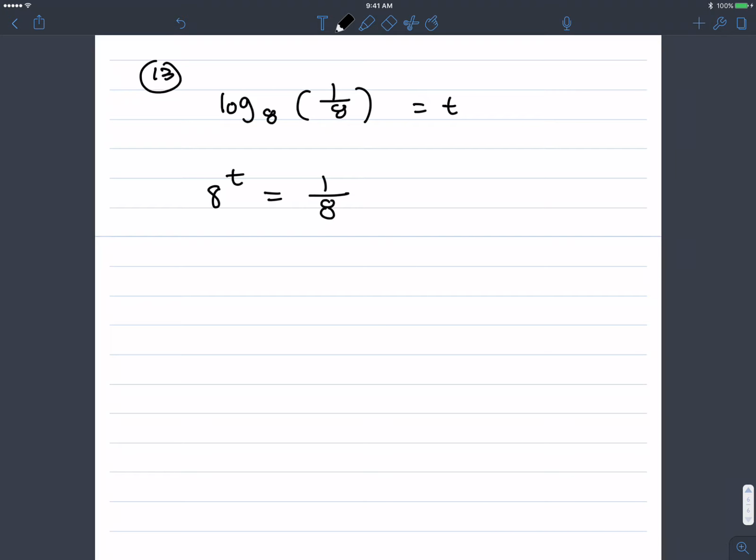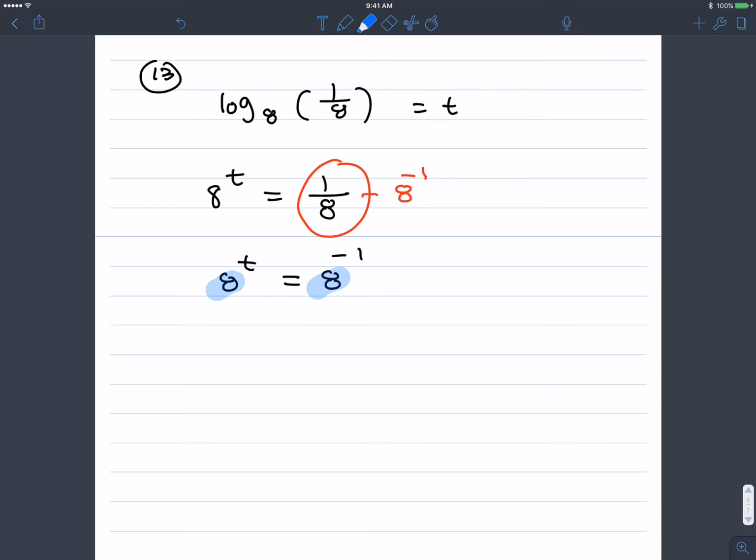So what we're going to try to do again is use properties of exponentials here on the right side so that I can hopefully describe two exponentials with the same base. And if you thought about it from beginning algebra, 1/8 is the same as 8 to the negative first power. So what I'm saying is that 8 to the t power is equivalent to 8 to the negative 1 power.